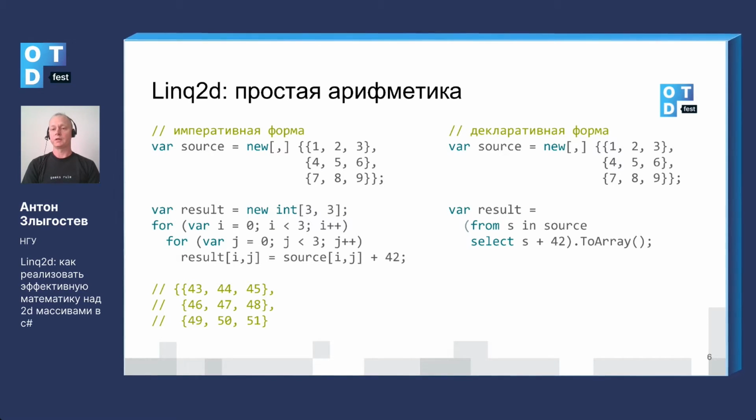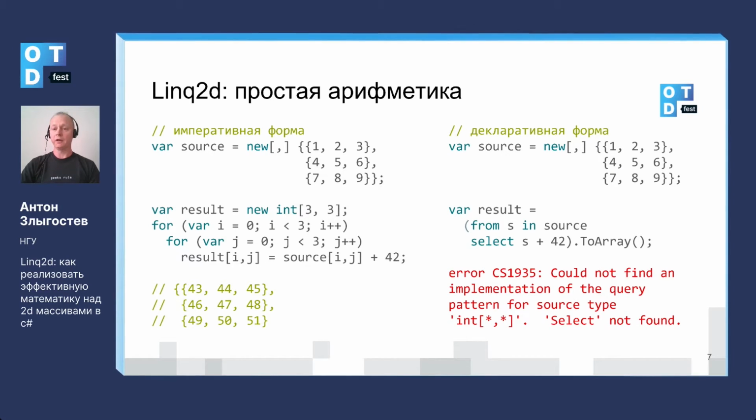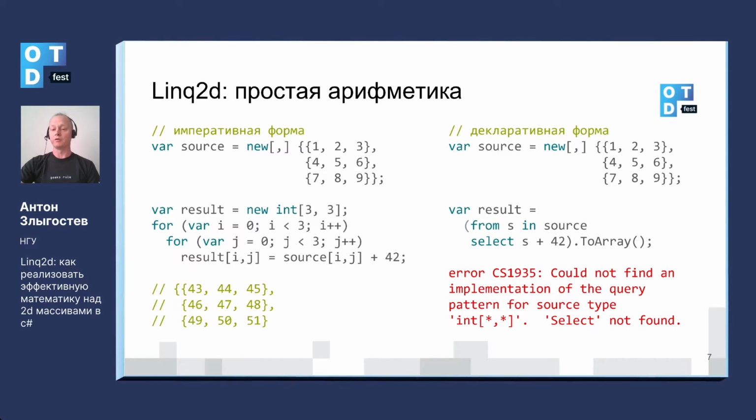We get rid of the cycles. We have s, which is a variable that runs through our array, and select that chooses the operator. So if it was Linq, then this code would work. But to get an array and not a linear set of elements, we will need to use toArray.